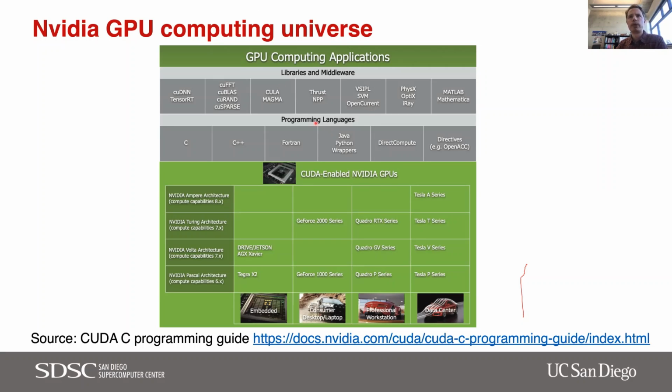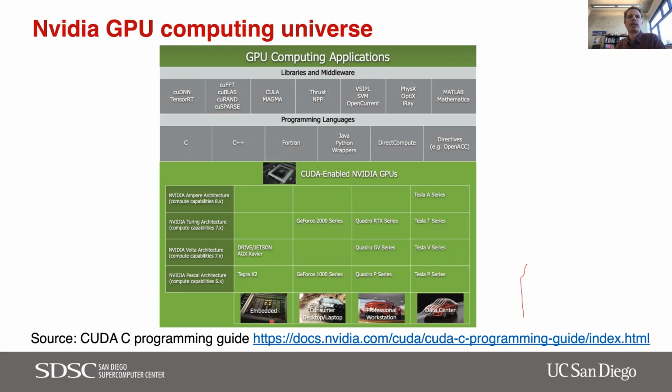There's support for many programming languages. I'll talk a little bit about C, C++, and Fortran. There's also Java and Python wrappers. Next week, we're going to hear about Python. And this works for all of NVIDIA's GPUs. So if you write code that runs on Expanse, it will run also on your laptop GPU if it's an NVIDIA GPU. That's important to keep in mind.